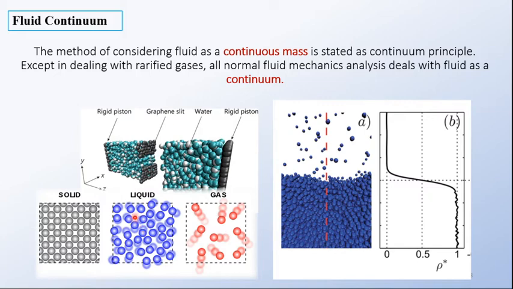Where there are no liquid molecules, it is void. In case of gases also, the gas molecules are present and then there is a space between them where there is nothing. So microscopically, if you look at water, water molecules are there and in between the molecules there is nothing.